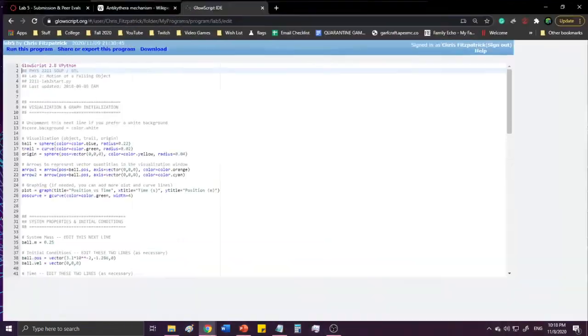And here is my code in action in GlowScript.